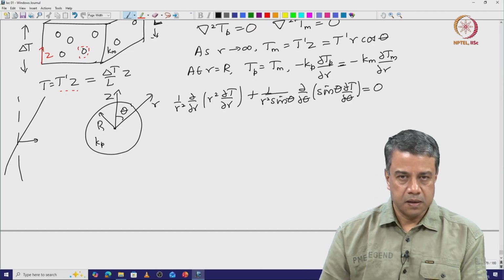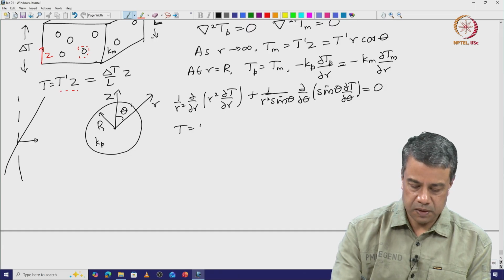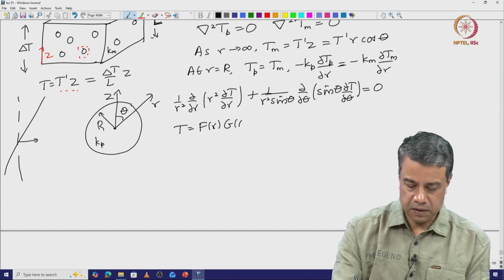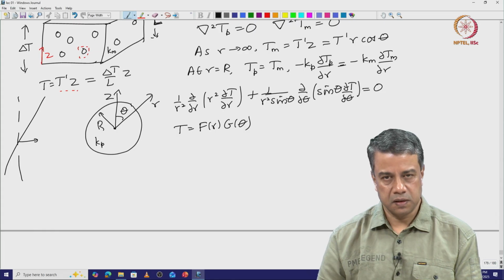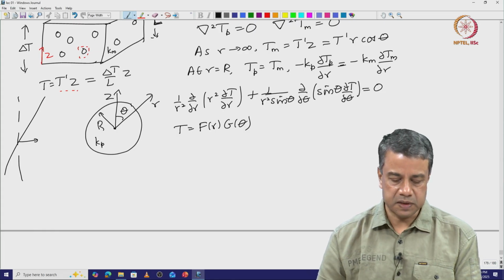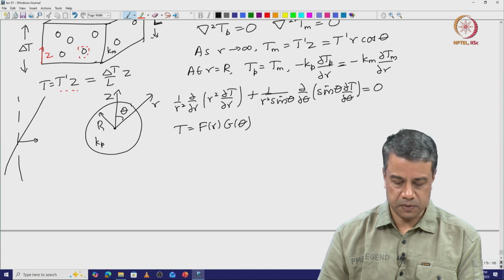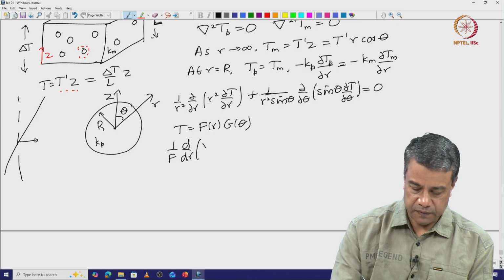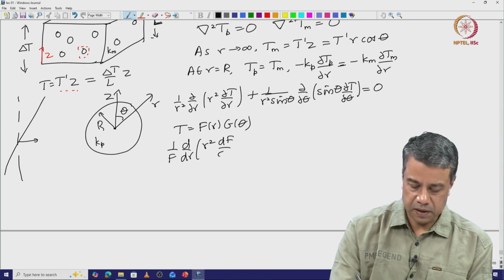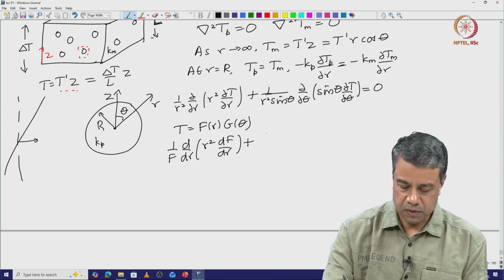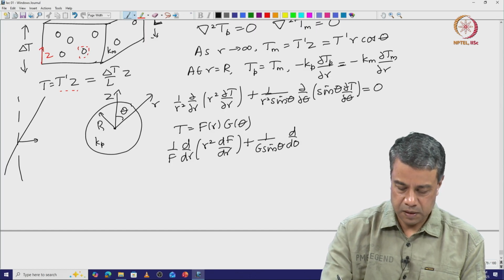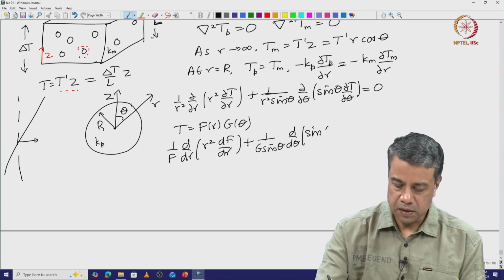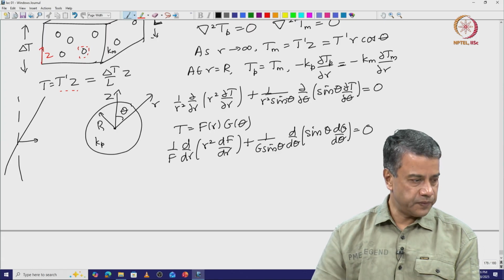Separation of variables, T is equal to f of r g of theta. Substitute, divide throughout by f times g, and multiply throughout by r square, and you will get 1 by f d by dr of r square df by dr plus 1 by g sine theta d by d theta of sine theta dg by d theta is equal to 0.